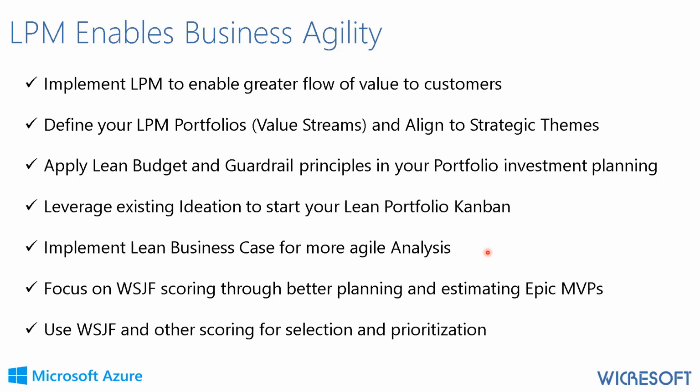The lean business case follows, reviewing and analyzing to make sure that you focused on the MVP. And you have given the proper analysis not only to WSJF but the other prioritization criteria that we talked about in order to make your decisions on which epics are going to move forward in the portfolio backlog.